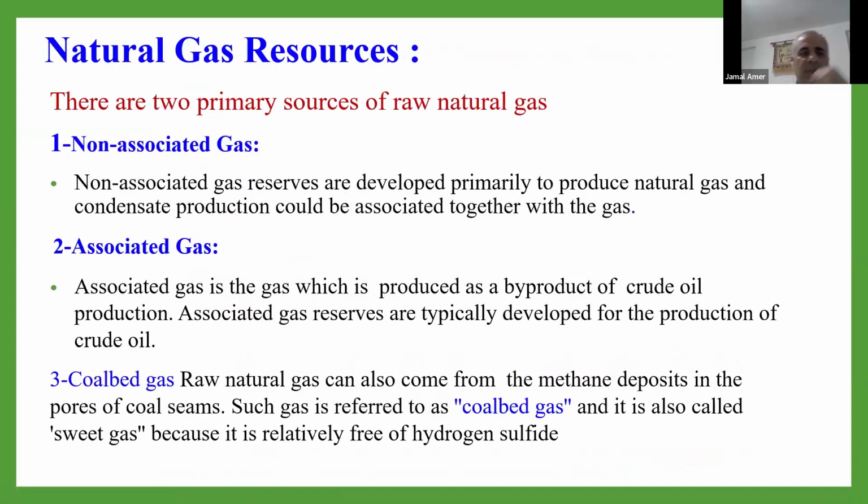So what are the sources of natural gas? I just talked about it. We have non-associated gas and associated gas. Non-associated gas is produced from a dry gas reservoir or wet gas reservoir.